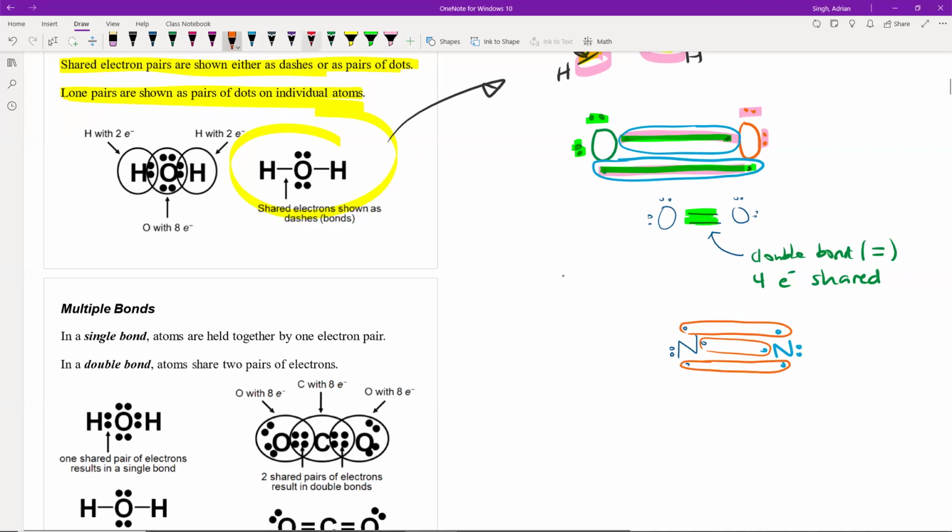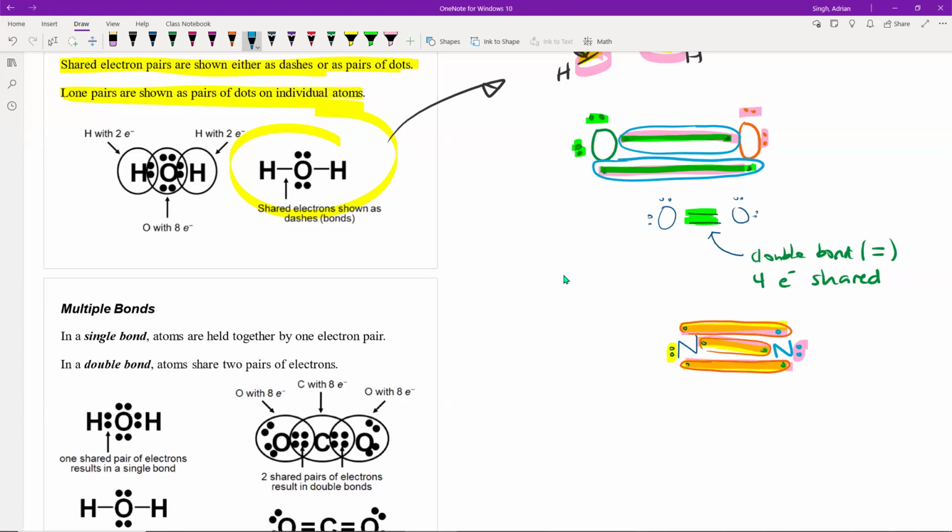So the nitrogen on the left side has 2, 4, 6, 8 electrons. The nitrogen on the right has 2, 4, 6, 8. We're treating the shared electrons as belonging to both of the ends, so both nitrogens have their octet.